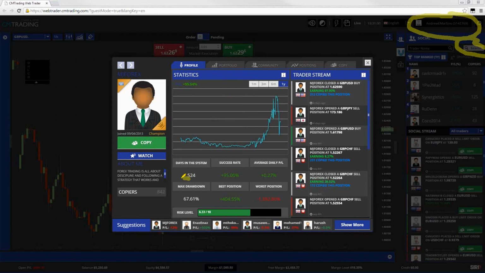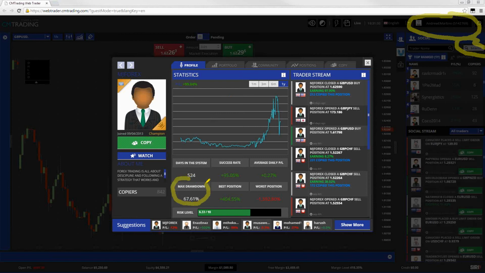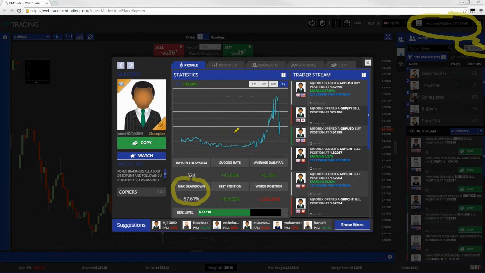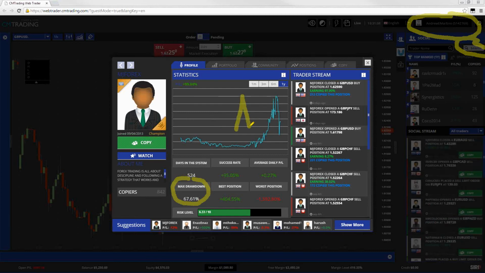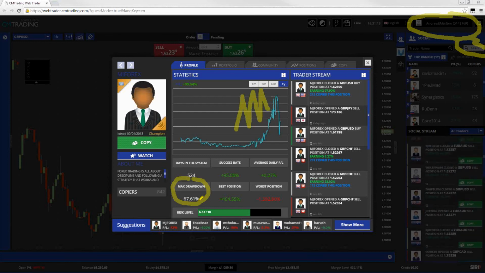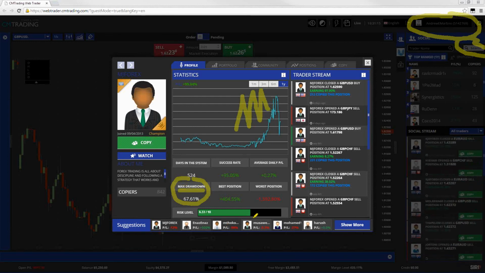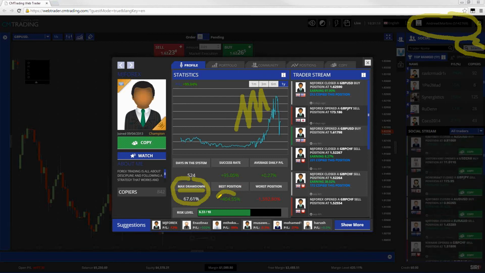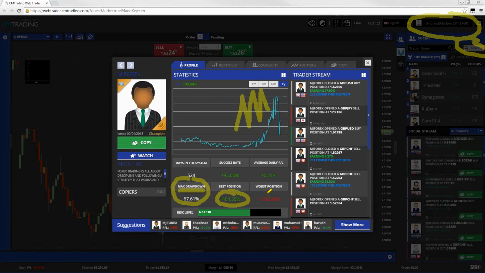We can see the amount of drawdown. Drawdown, remember, is the trading that goes up, comes down, goes up, comes down, lots and lots of pullback, or what we say, drawdown. Now, we can see his best position was 400%, but his worst position was 1,592.